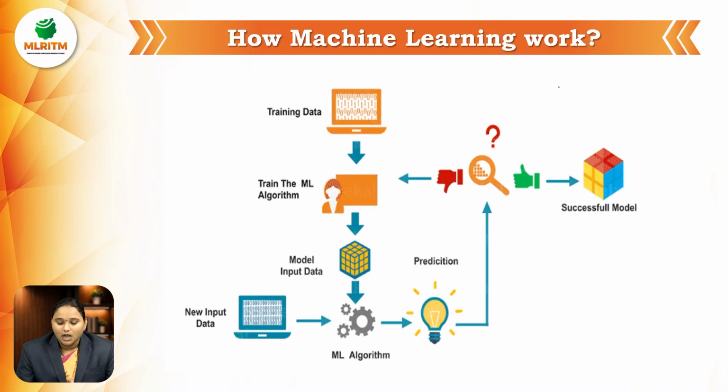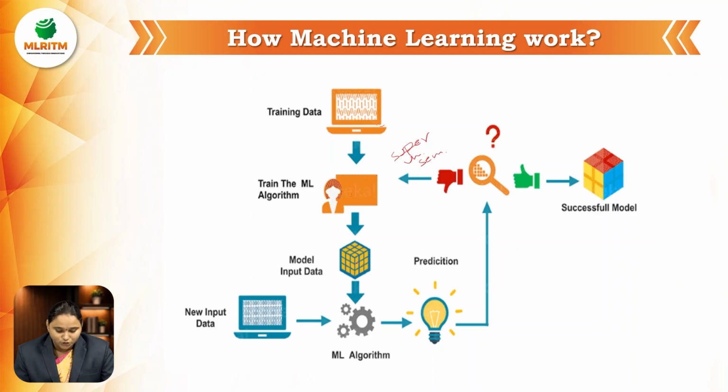Next, how machine learning works: we take the training data and train the ML algorithm. We have supervised learning algorithms, unsupervised, and semi-supervised learning algorithms. First, we need to give the training data. After that, it models the input data. What type of data are we giving?